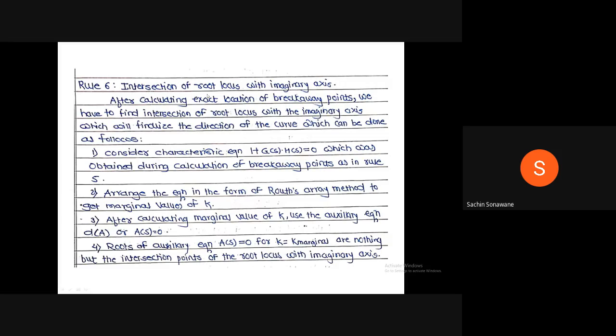Rule 6. Intersection of root locus with imaginary axis. After calculating the exact location of breakaway points, we have to find the intersection of root locus with the imaginary axis, which will finalize the direction of the curve, which can be done as follows. First, consider the characteristic equation 1 plus G of S into H of S is equal to 0, which was obtained during calculation of breakaway points, as in rule 5.